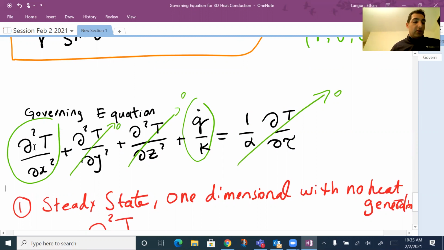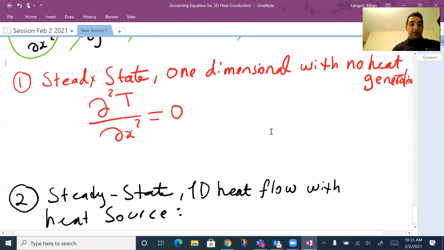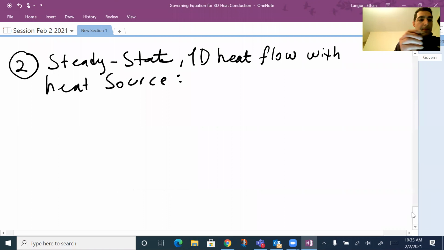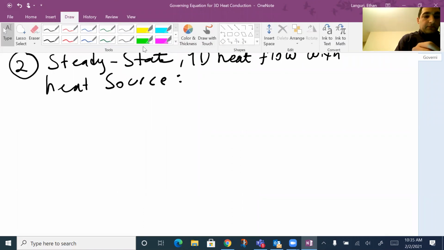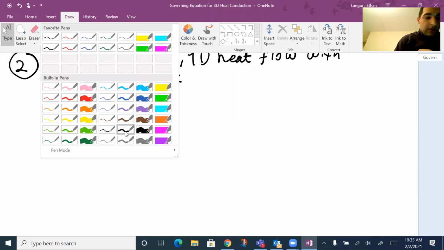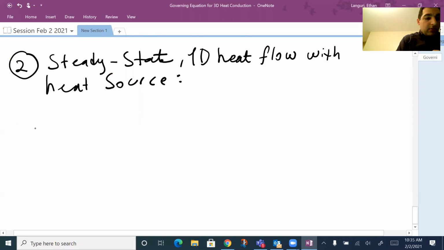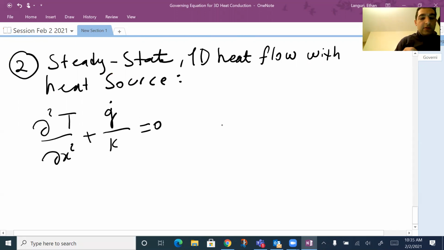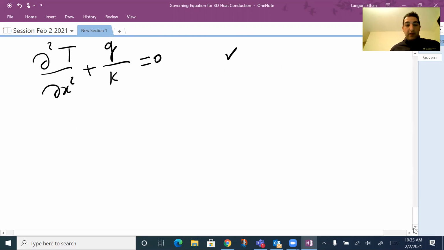So my final equation is del 2T del x2 plus my heat source term equal to 0. That's my final equation in this case.